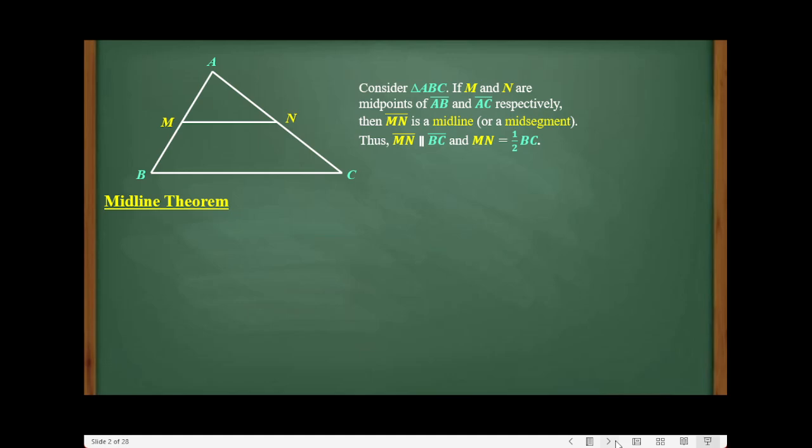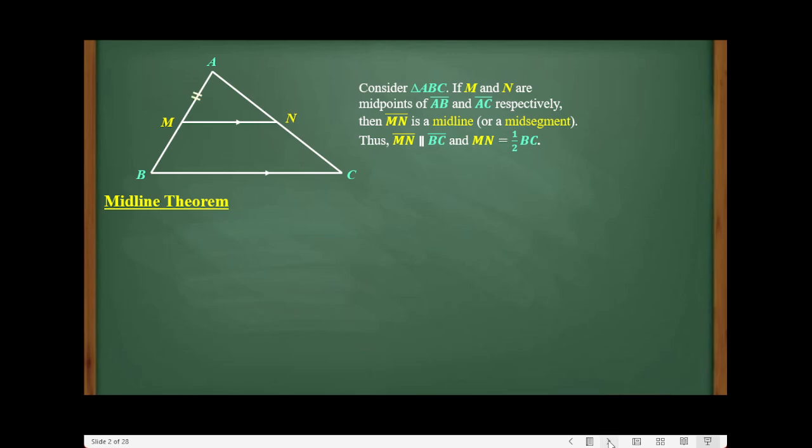Now, if we're going to add some more details from this triangle, the midline is parallel to the third side as indicated by the arrowhead marks on their respective segments, indicating that the midline or mid-segment is parallel to the third side. And at the same time, the length of this midline is 1/2 the length of this third side.